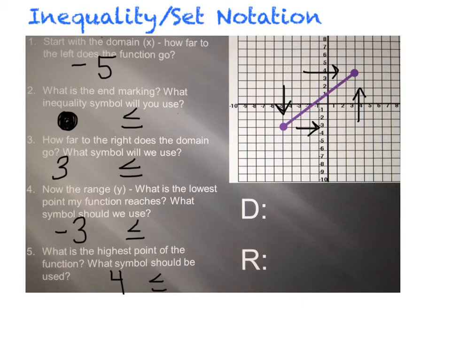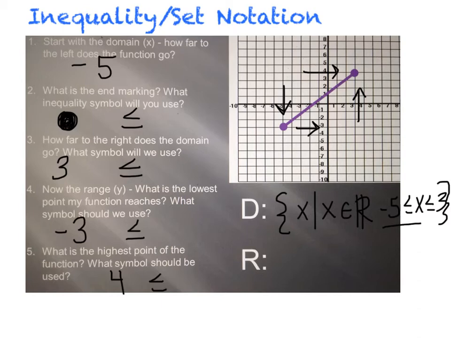Now, if we put this all together, I know that my domain is x such that x includes all real numbers, which is -5 less than or equal to x, which is less than or equal to 3, and we're going to close that off with a bracket. And that is set notation.